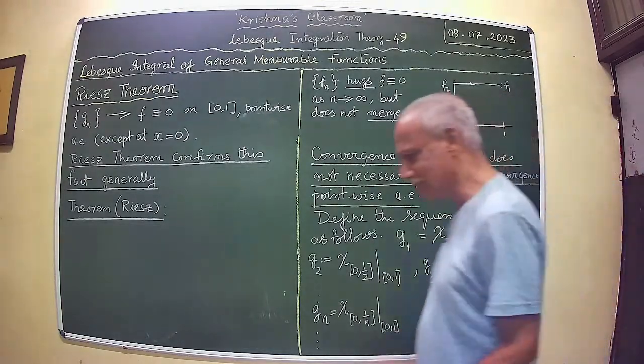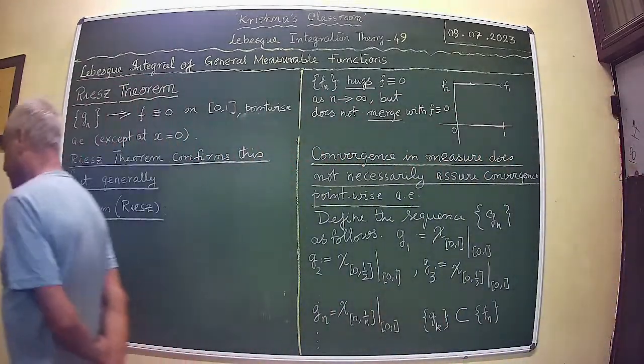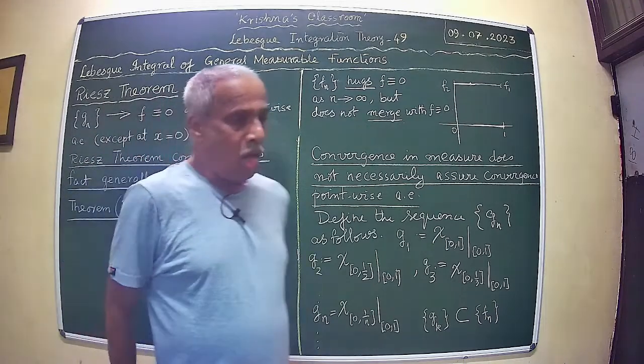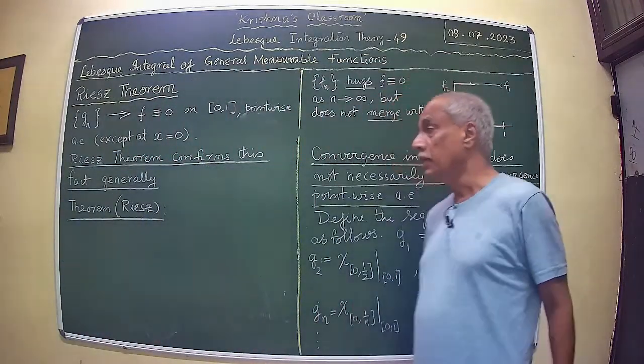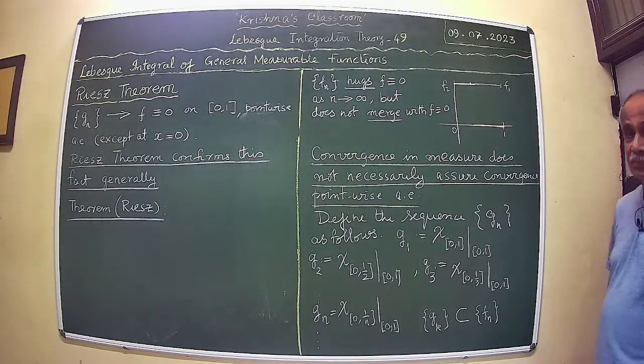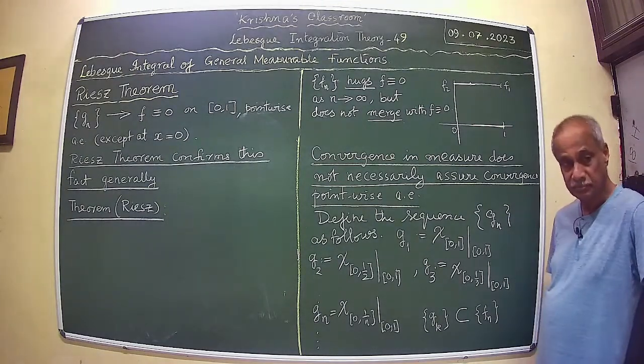An example is this. Suppose you take a compact interval, something like 0, 1, and choose a sequence of infinitely many points.